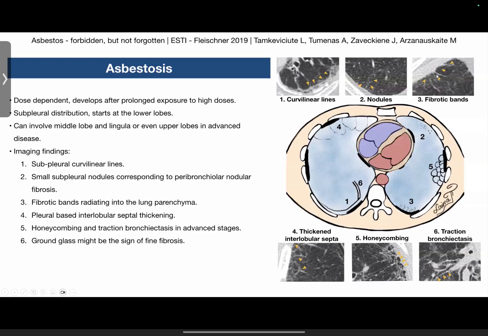Fibrotic bands, as you can see here, are kind of spiculated areas adjacent to the pleura. There's pleural-based intralobular septal thickening. There can be even honeycombing and traction bronchiectasis in very advanced stages. Honeycombing here. So thickening of interlobular septa and traction bronchiectasis, as you can see here. And ground glass may be a sign of fine fibrosis.